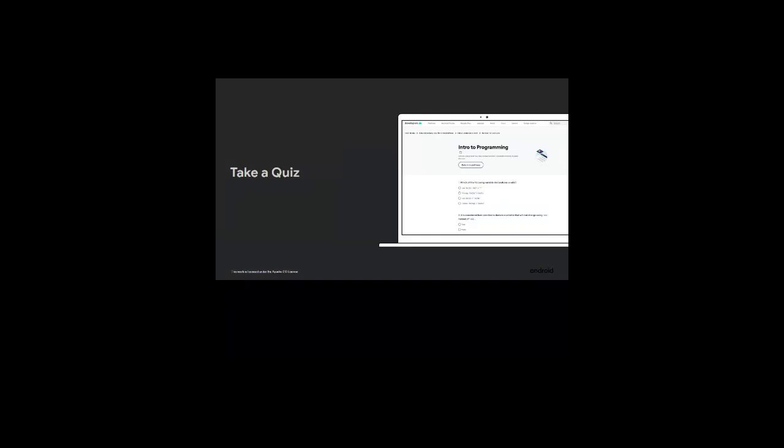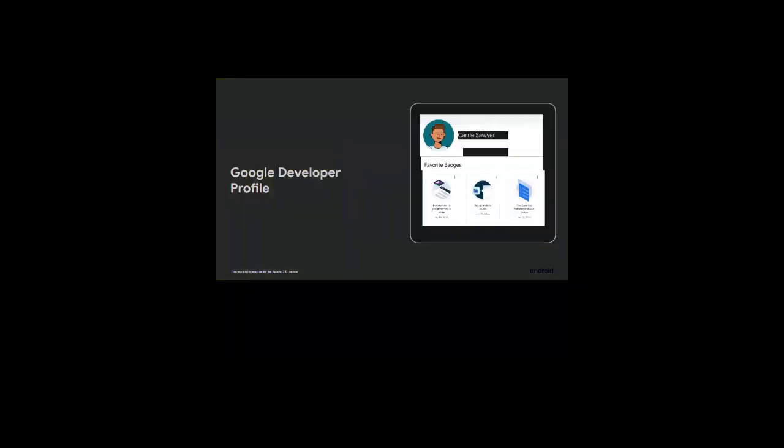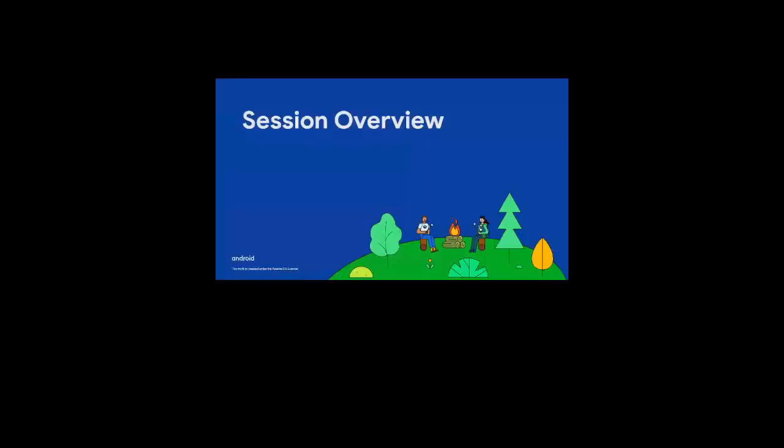At the end of every single pathway, you'll have a quiz basically. And when you complete the quiz, you finish the pathway, so you earn the badge. Today we'll be focusing on 2 units, and that's a total of 6 badges. The badges that you earn will show up on your Google developer profile. You just need to log in.